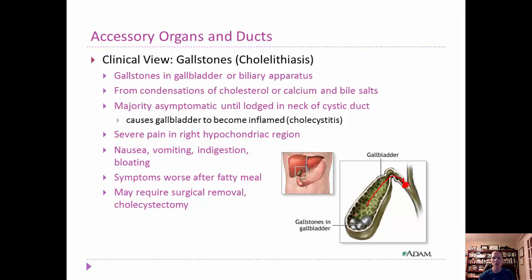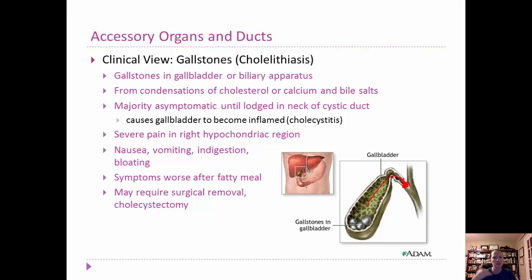So it will stay in here and cause inflammation, and eventually the gallbladder will become inflamed, and that's where that cholecystitis is going to come from. That's when you typically have severe pain, usually in the right hypochondriac region, or you can also have pain in between the shoulder blades as well.